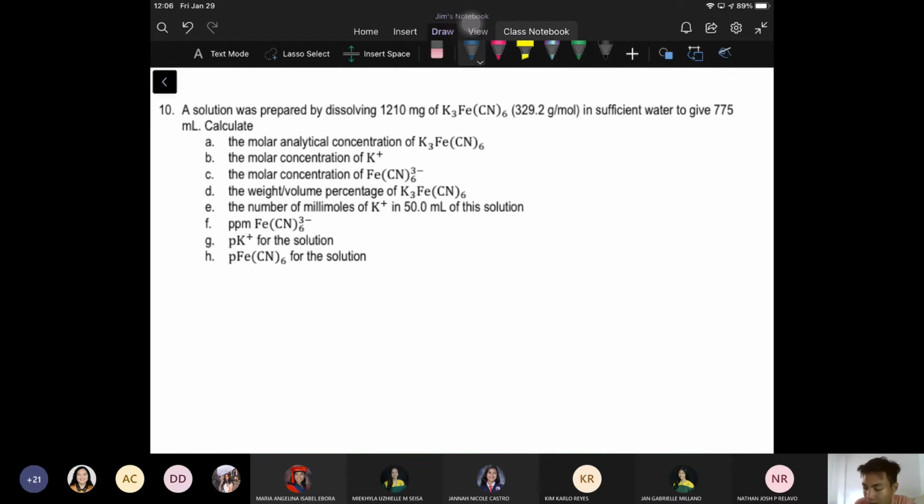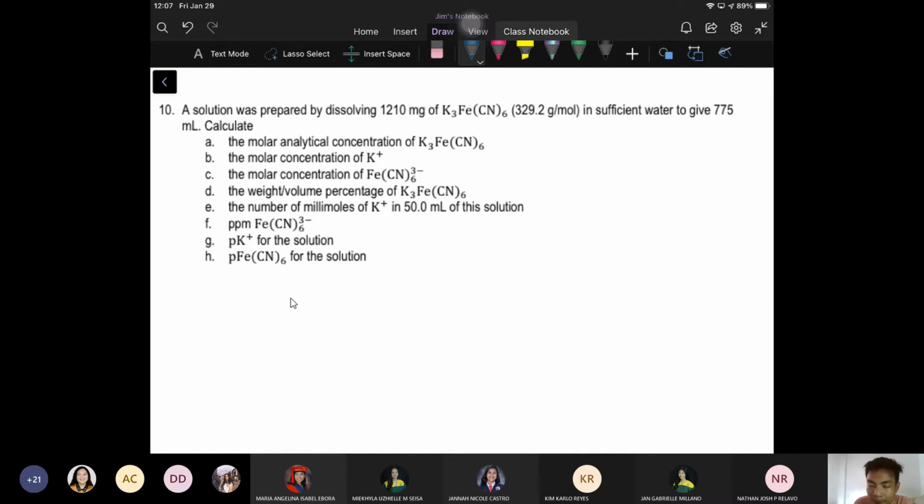Calculate the molar analytical concentration of K3FeCN6, the molar concentration of K+, the molar concentration of FeCN6, the weight per volume percentage of K3FeCN6, the number of millimoles of K+ in 50 ml of this solution, the ppm of the anion, the pK+, and the pFeCN6. Kumbaga, ito yung pinaka-summary ng lahat ng ginagawa natin.